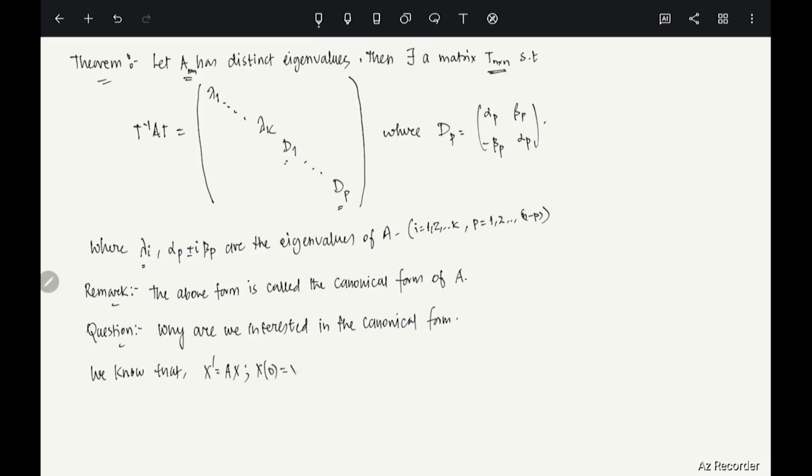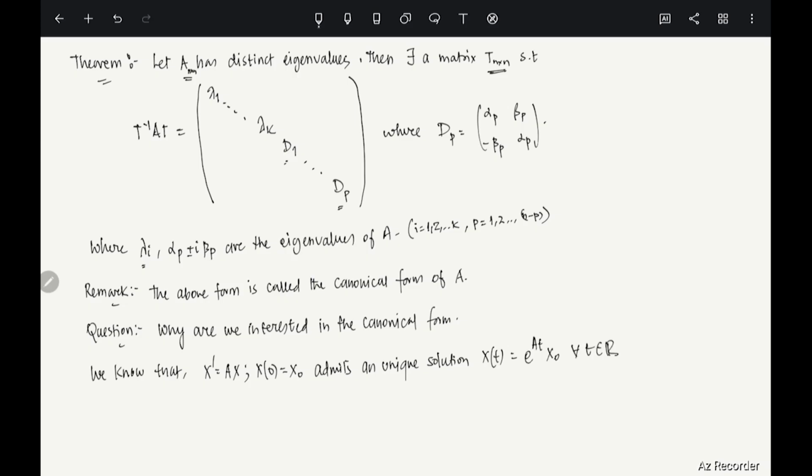Let's just look at this equation. This equation admits a unique solution. And what is the unique solution? It is given by x(t) equals e to the power At times x naught. That's the unique solution, and this holds for all t in R.